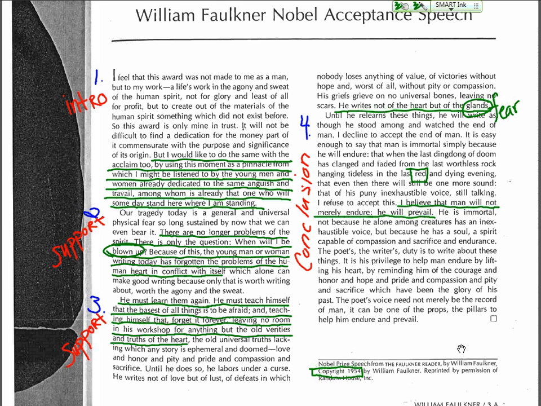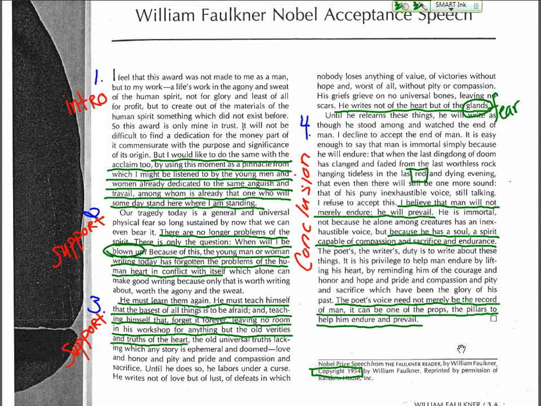And he goes on to say, because he has a soul, a spirit capable of compassion, sacrifice, and endurance. And finally concluding with, the poet's voice need not merely be the record of man, it can be one of the props, the pillars to help him endure and prevail.